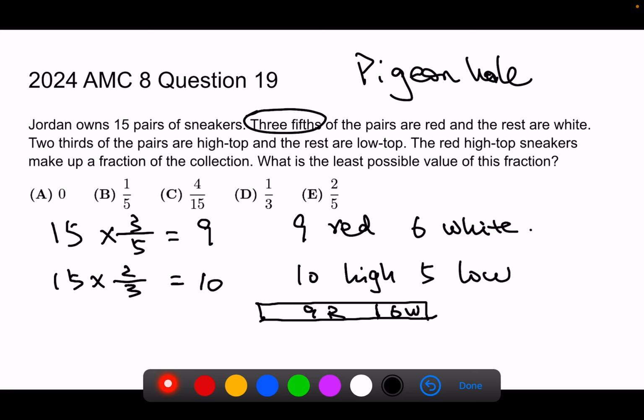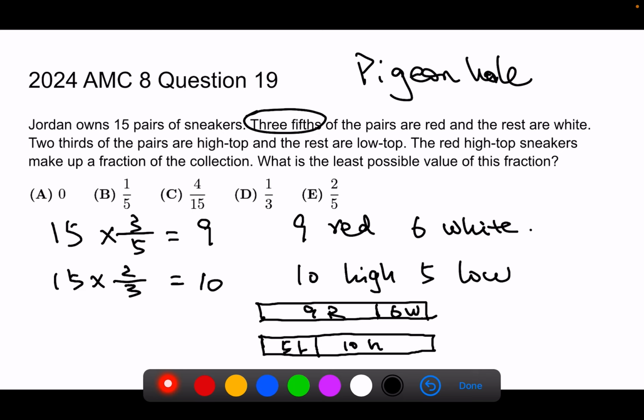So when I draw this picture, since all the red are on the left side, I'm going to make high the right side. So I'm going to draw the same picture, which is 15, but the right side is high. So 10 H, 5 L.